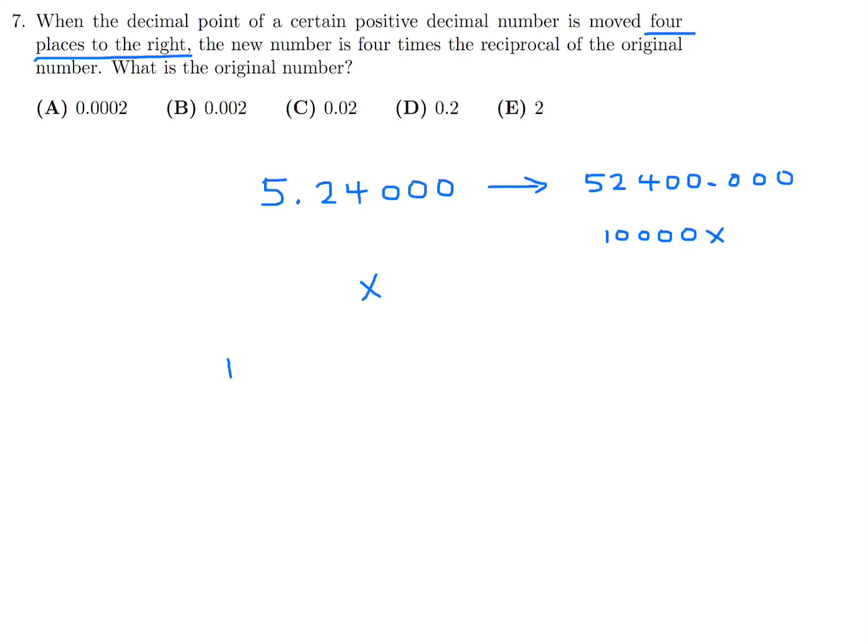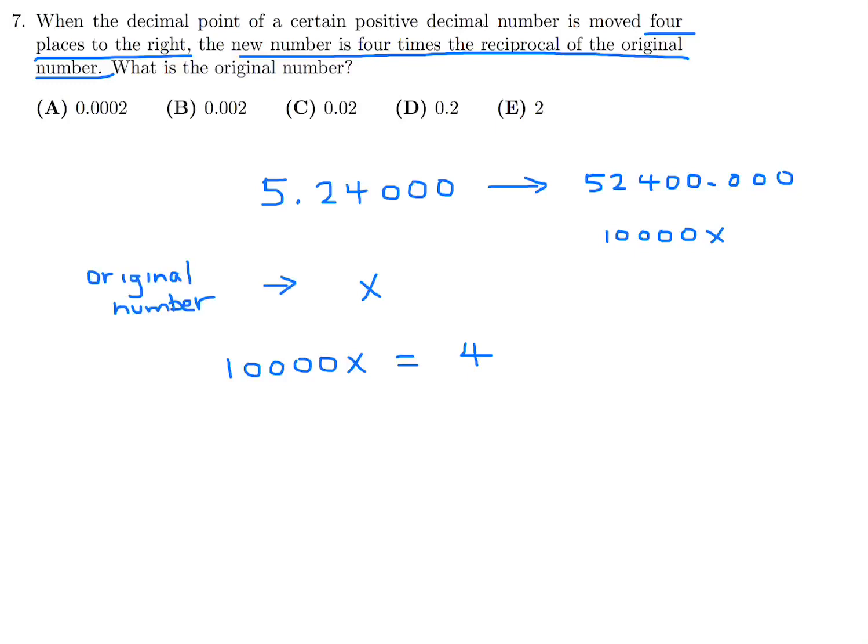It will then become 10,000x. All right? That's the first part of the sentence. Now the next part is the new number is 4 times the reciprocal of the original number. This is the original number. So 4 times the reciprocal would be 4 times 1 over x.